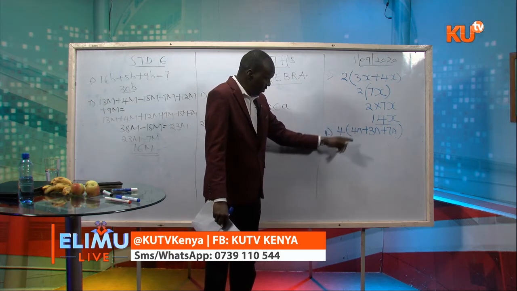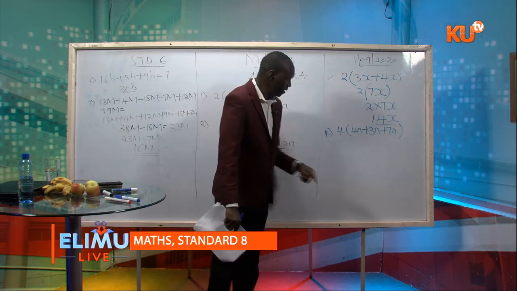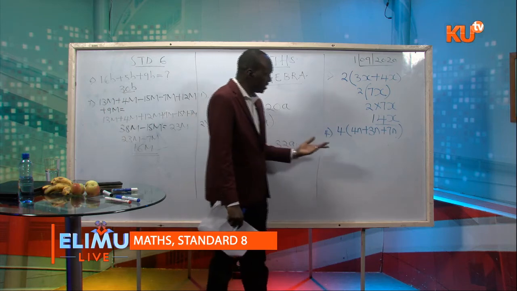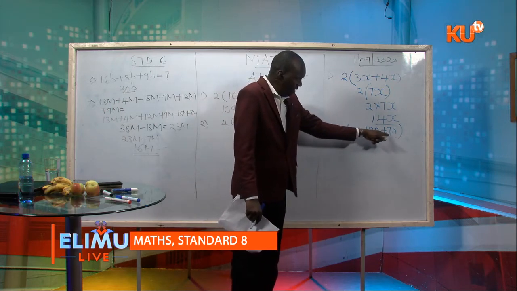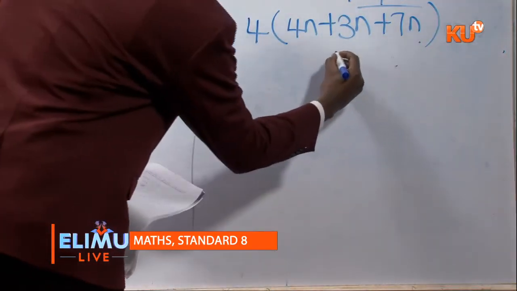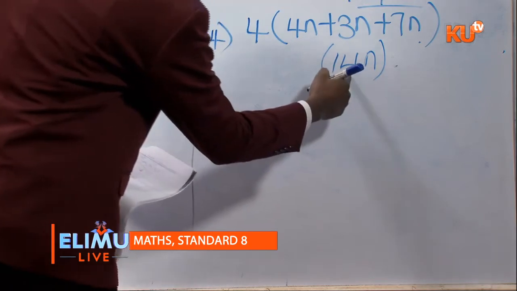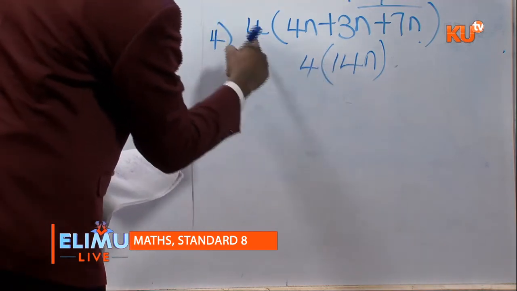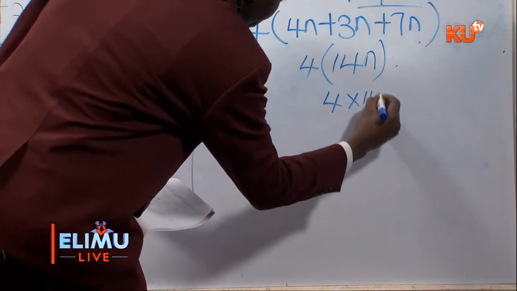For this case, 4n, 3n, and 7n are like terms. So we take 4 plus 3, we get 7. 7 plus 7, we get 14n. 14n, we multiply it by 4. So we have 4 times 14n.